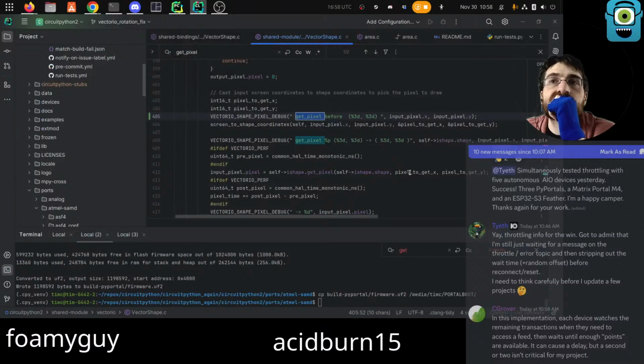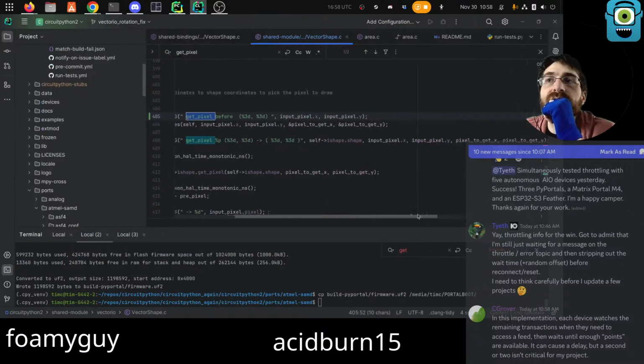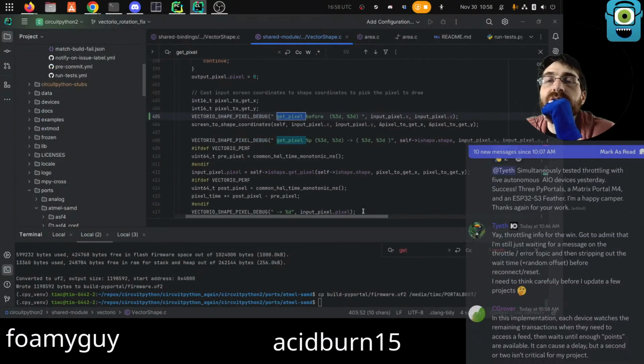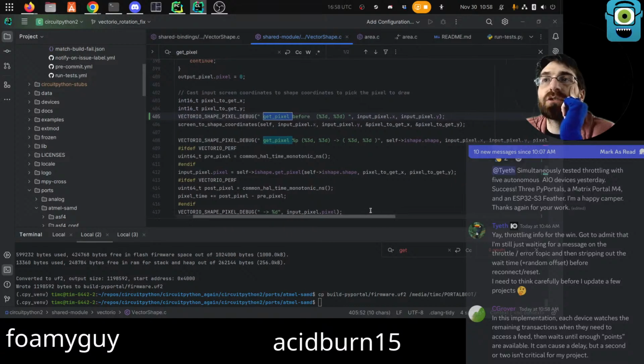And this is the pixel to get, which comes from screen to shape coordinates, which takes the input pixel and the references to the variables to update.